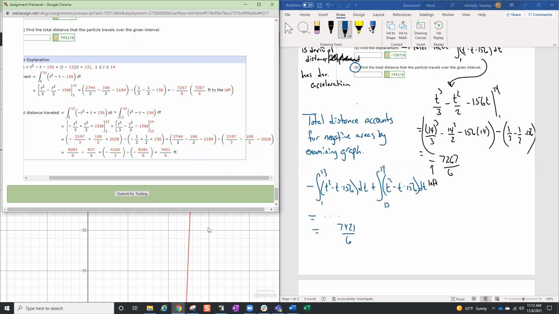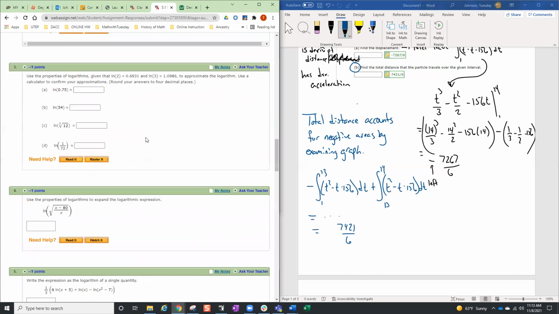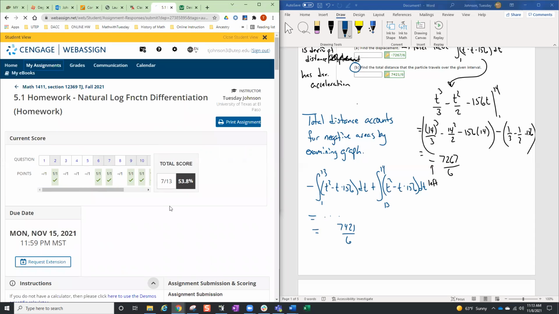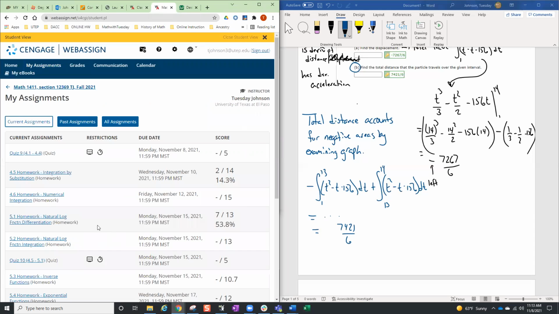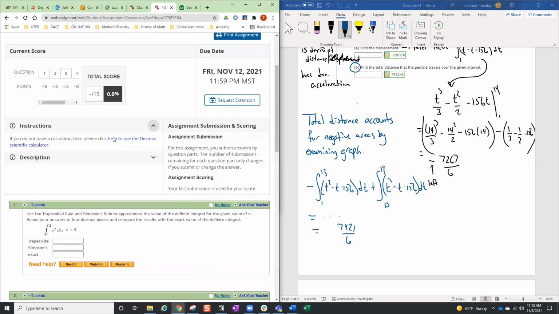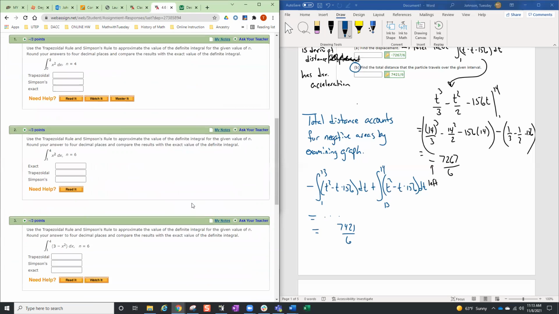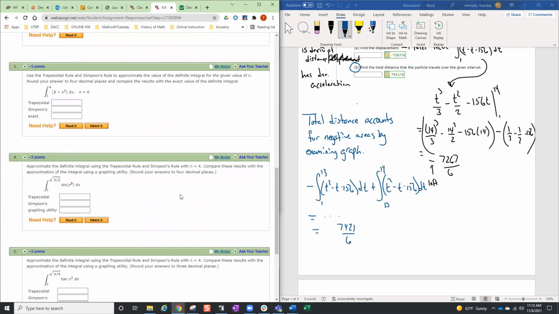My next thing I'm going to do for all of you is on 4.6. I'm going to take a look at the trapezoidal rule. Remember, this is going to be total extra credit. All 5 problems will be extra credit.